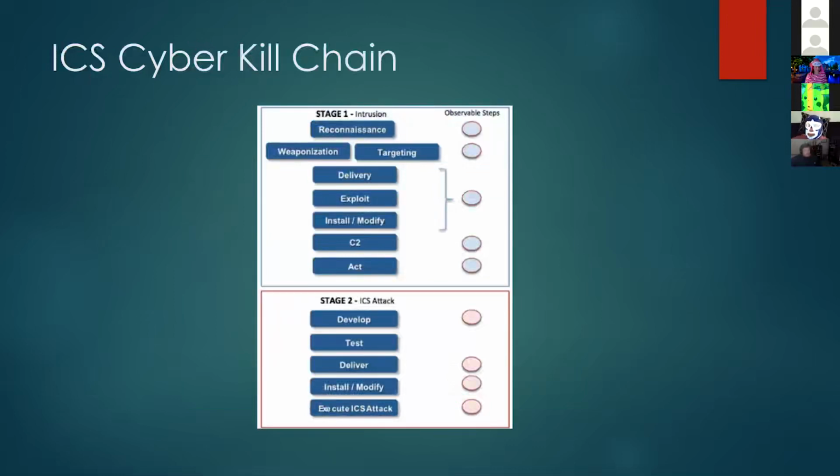And on the ICS side, you have the normal cyber kill chain, and then on top of that, you have a second stage that's generally required once you get into the ICS network, where you have to develop knowledge in the network: figure out what protocols they have, what equipment they're using, develop a payload, test that payload in some way, deliver it, and try to install it.